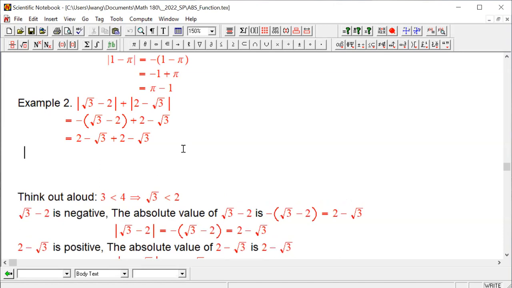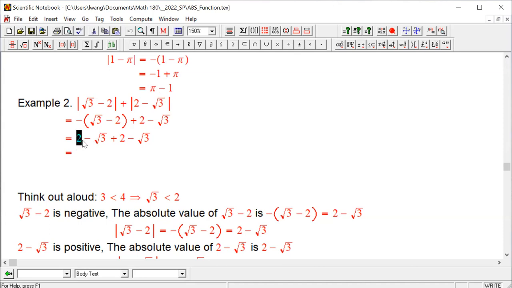Okay, and now we can combine. You can see all this effort we're making here is to get rid of the absolute value sign, because with absolute value sign, you cannot do adding, subtracting arbitrarily as you wish. You have to drop the absolute value sign.